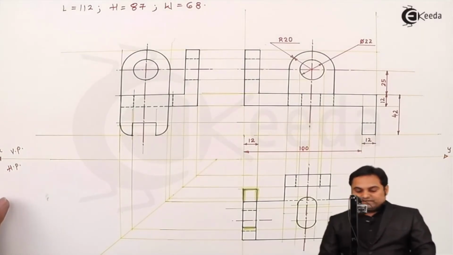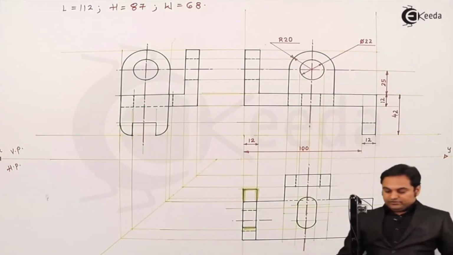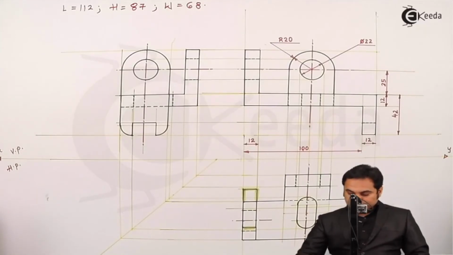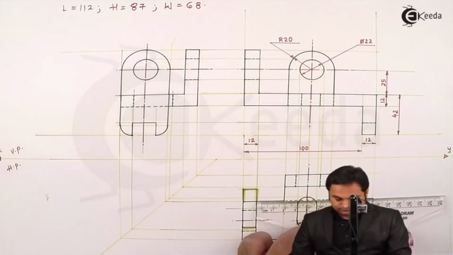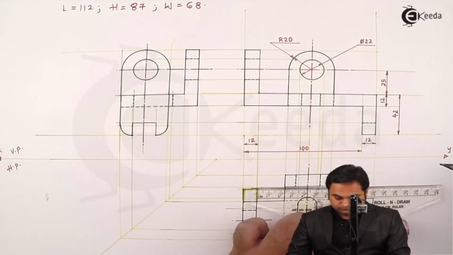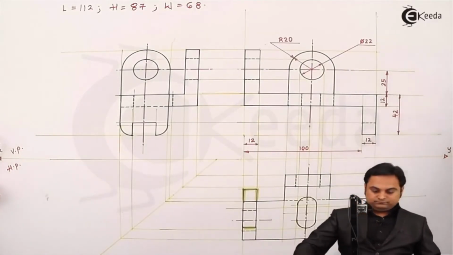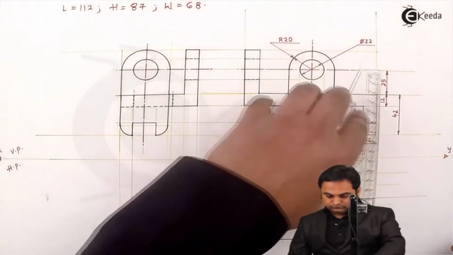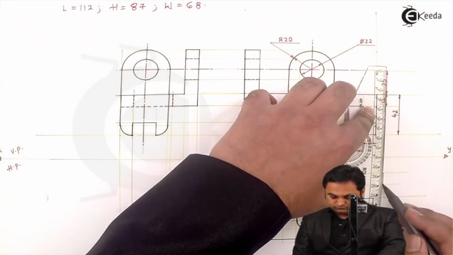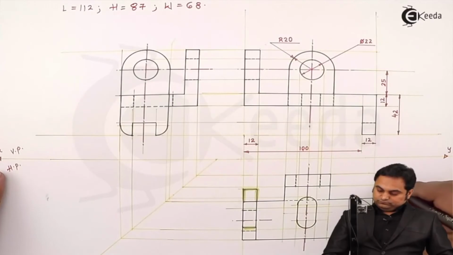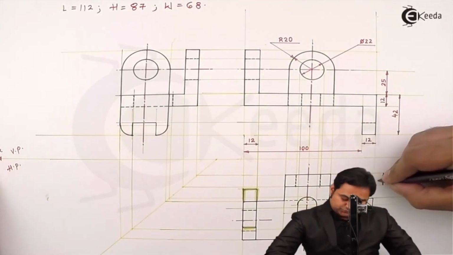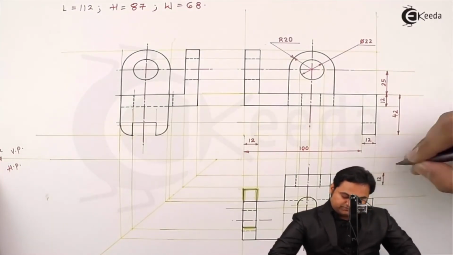Then after giving the dimensions in the front view, I'll start with the top view. This portion has a width of 12 mm.